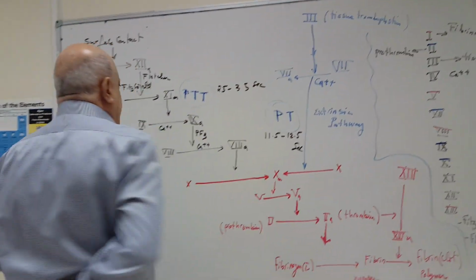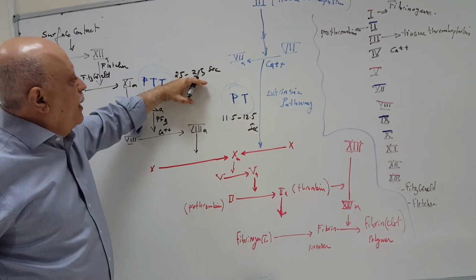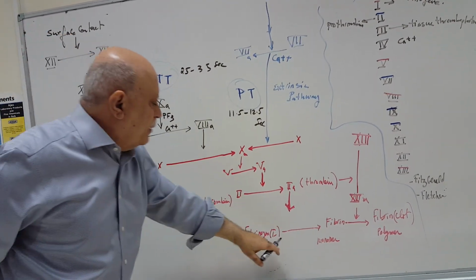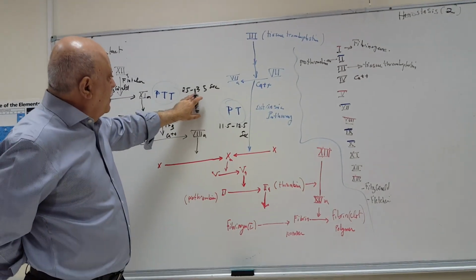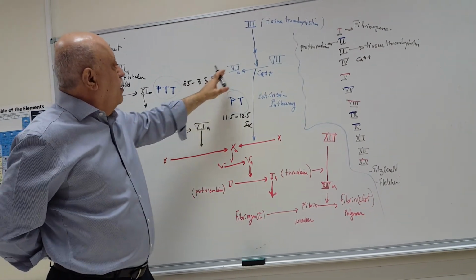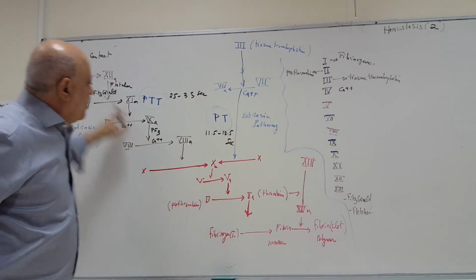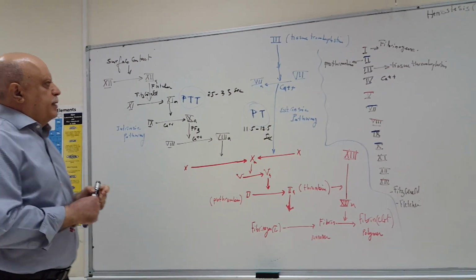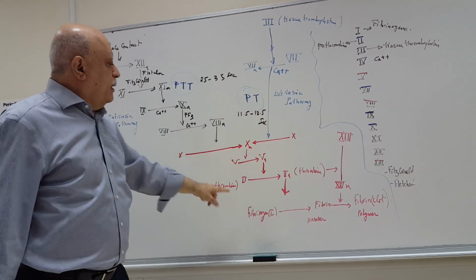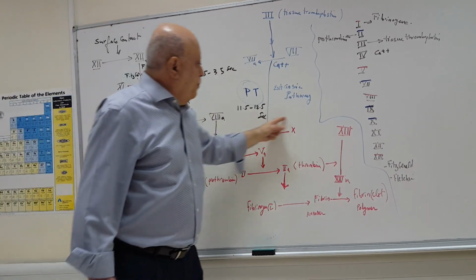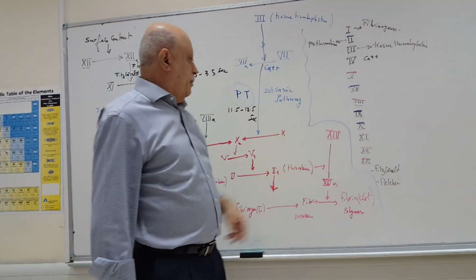Now, when we do PTT, if it clots within this range, it means every factor from here to here is normal. If it doesn't clot within this range and takes like 40, 50 seconds to clot, one of these factors here will be missing. Notice this is intrinsic and this is extrinsic. What is in red is the common pathway.